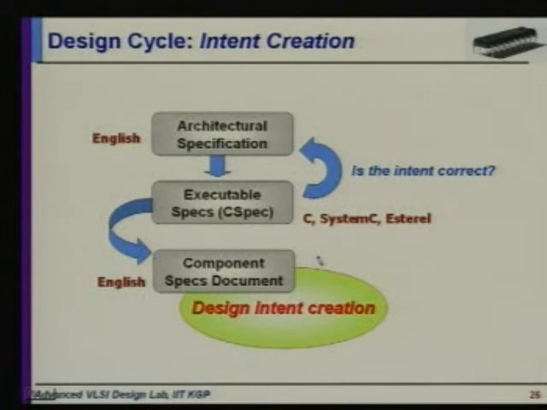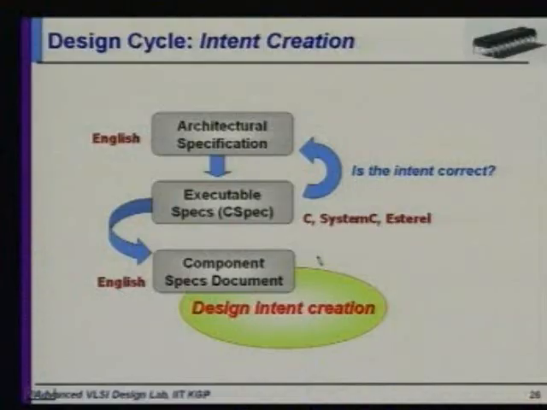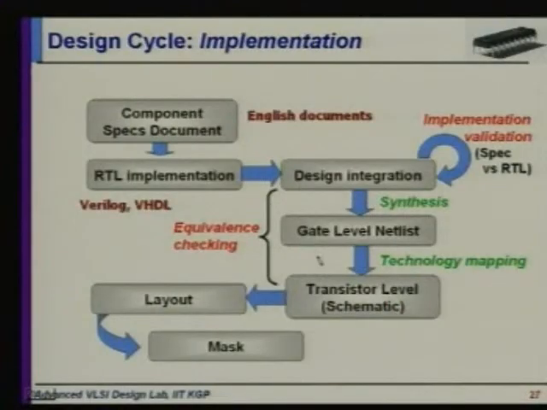Now this is where a lot of work is going on, how do we make this more formal, because what happens is that when you document it in English and when the designer actually reads it for keying in the RTL, he may interpret it in a different way, right. So there is a lot of gap between what the microarchitect actually intended and what the chip actually does, right. So that is a gap that needs to be addressed.